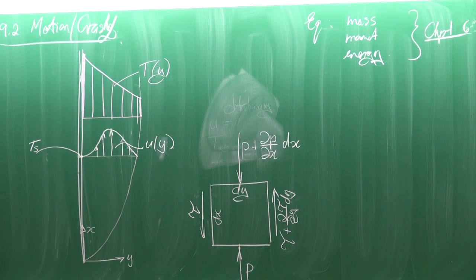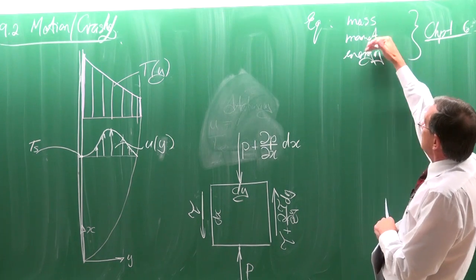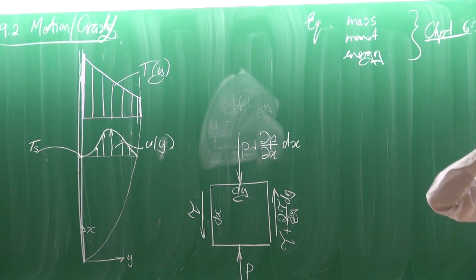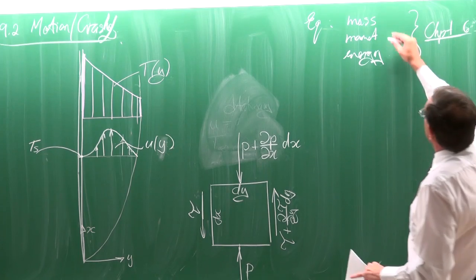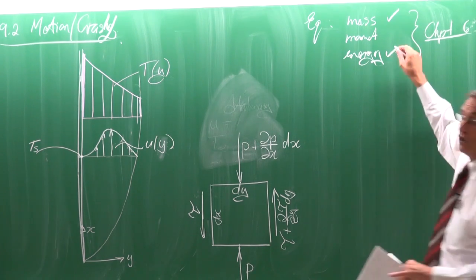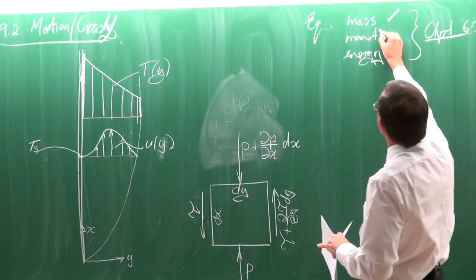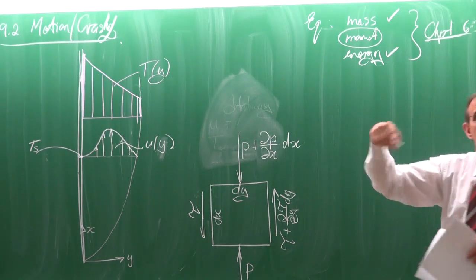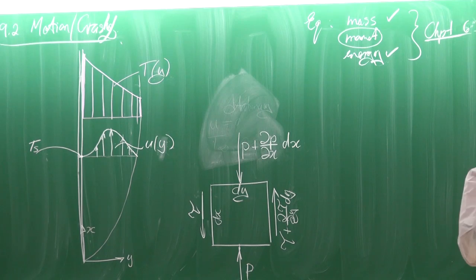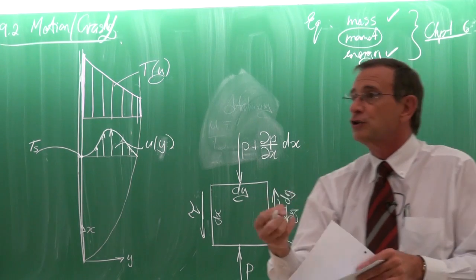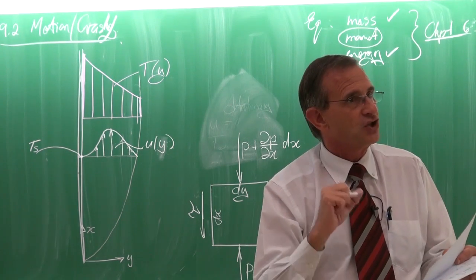So in chapter 6, you have derived the equations of mass, momentum, and energy. Now in those equations, the mass and energy equations are not going to change. The only thing that needs to be modified is the momentum equation, because previously in the momentum equation, buoyancy forces were not included in the derivation.